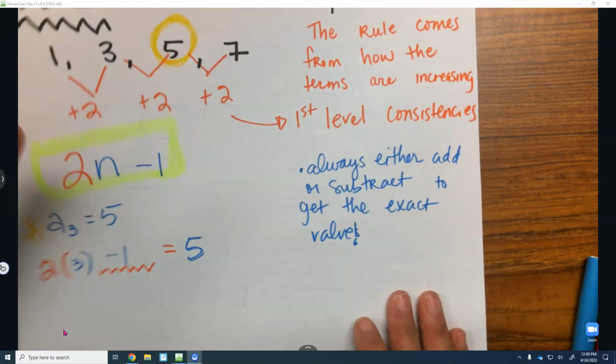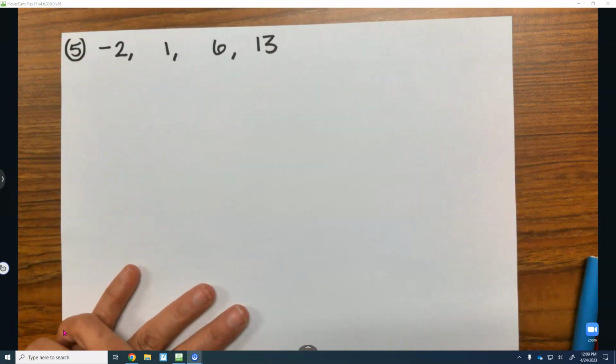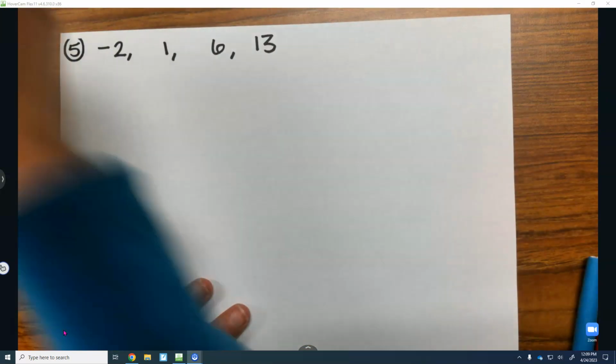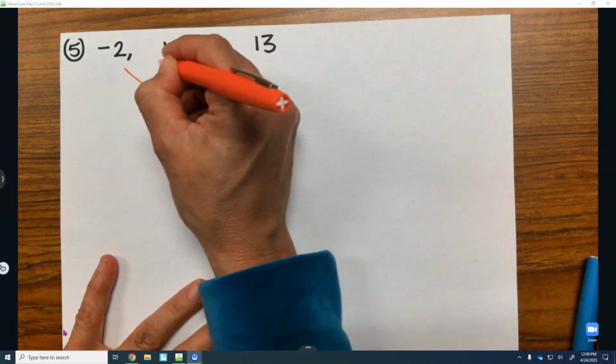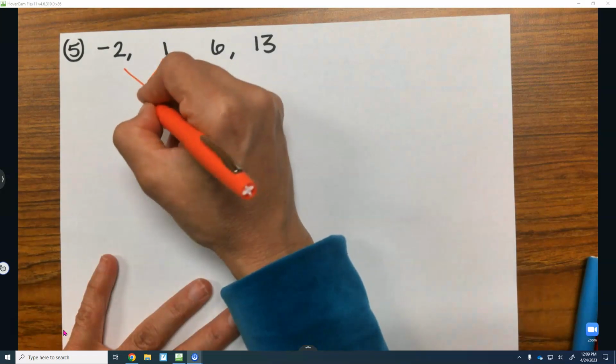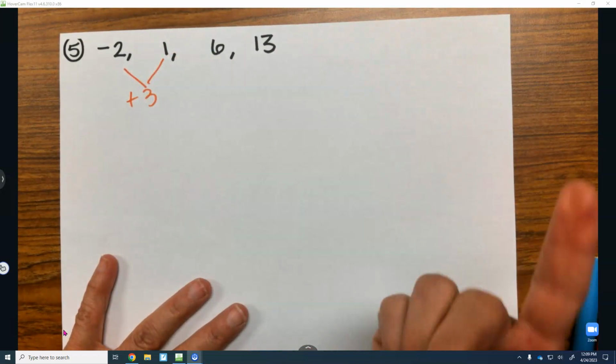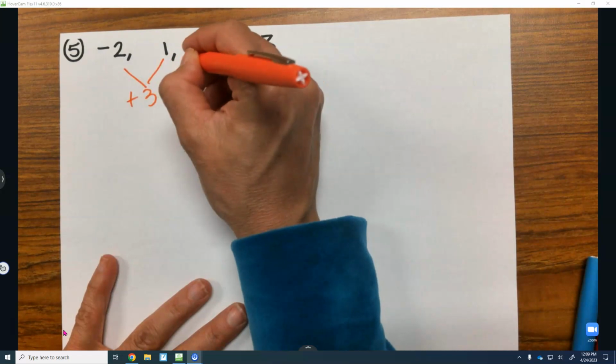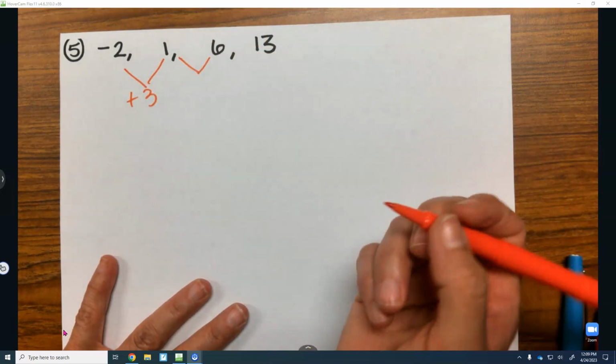So for problem 5, we have these numbers right here. Let's take a look at how they're increasing. So a negative 2 to a 1, that's plus 3. But from 1 to 6 is not plus 3. What is it?